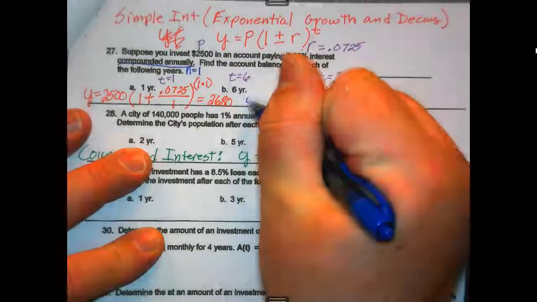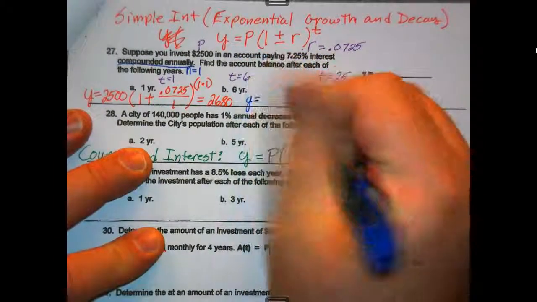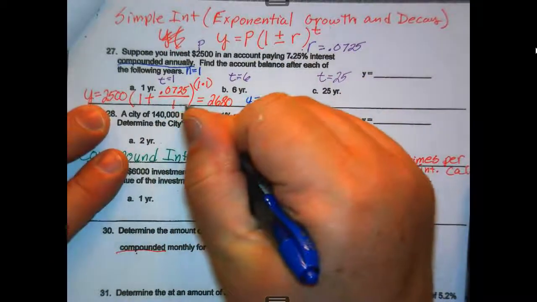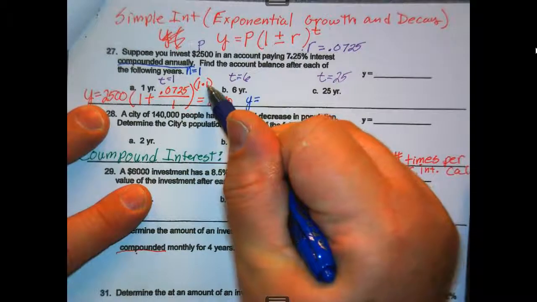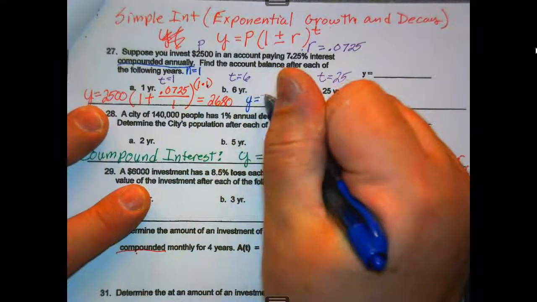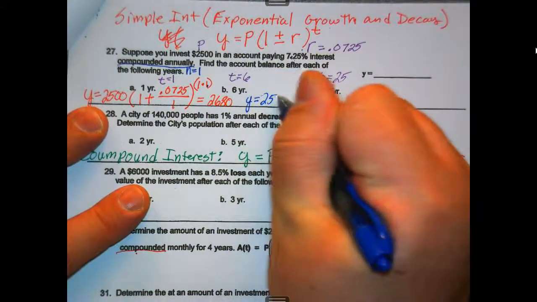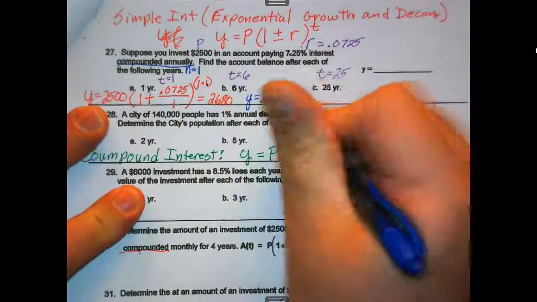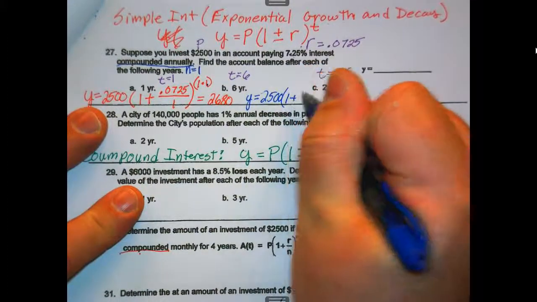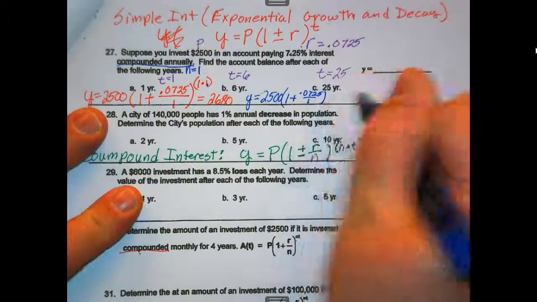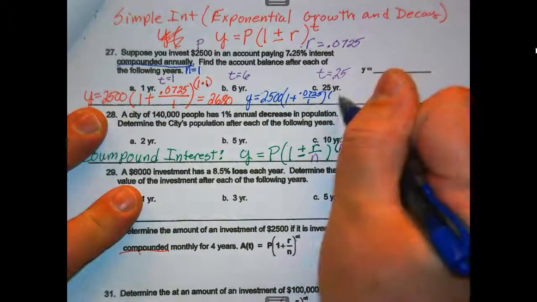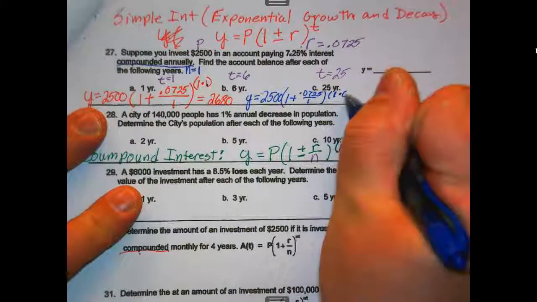This time my t is 6. So everything stays the same except my t is 6 instead of 1. Y equals 2,500 times 1 plus 0.0725 over 1 raised to the n is 1 times 6.